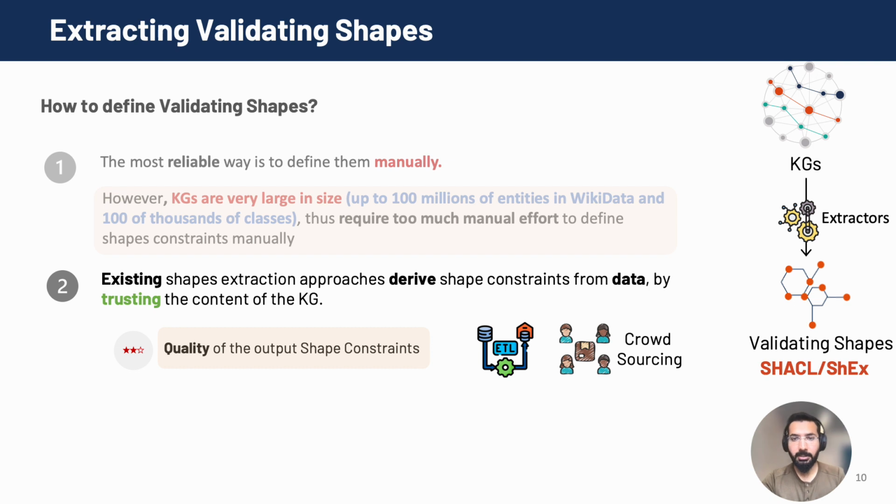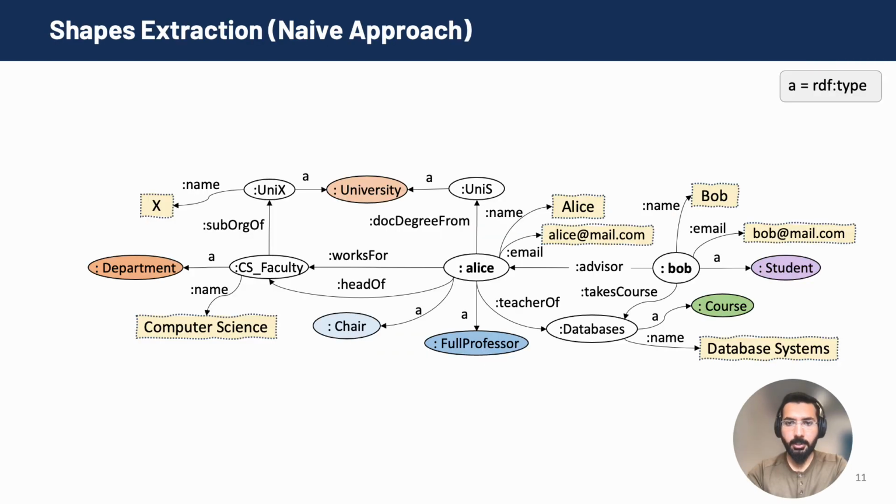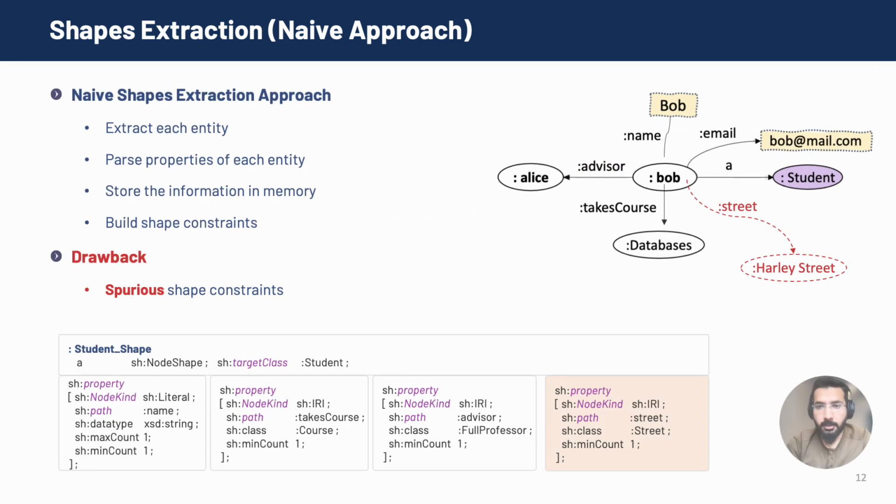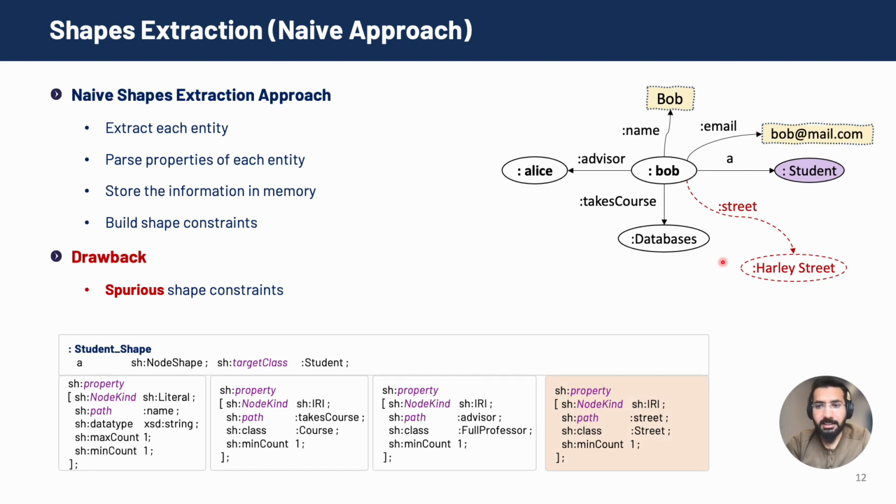Let's see an example of spuriousness. We will use the subgraph of student from an example knowledge graph. In this subgraph, as an example, if a spurious property street is associated with Bob in the knowledge graph, this will result in extraction of a spurious property shape in the extracted set of validating shapes.